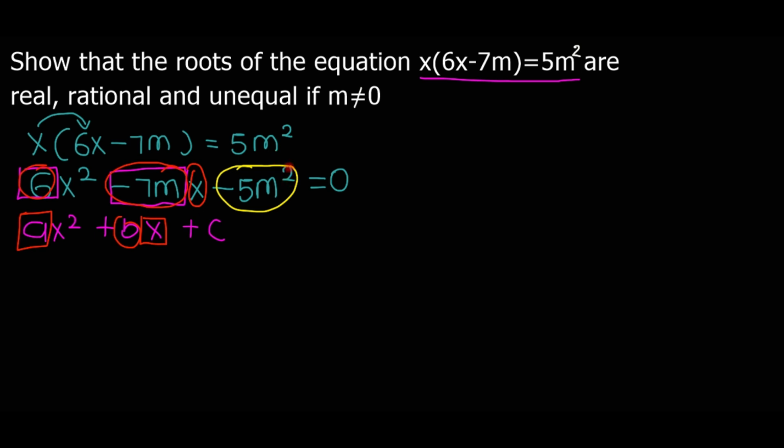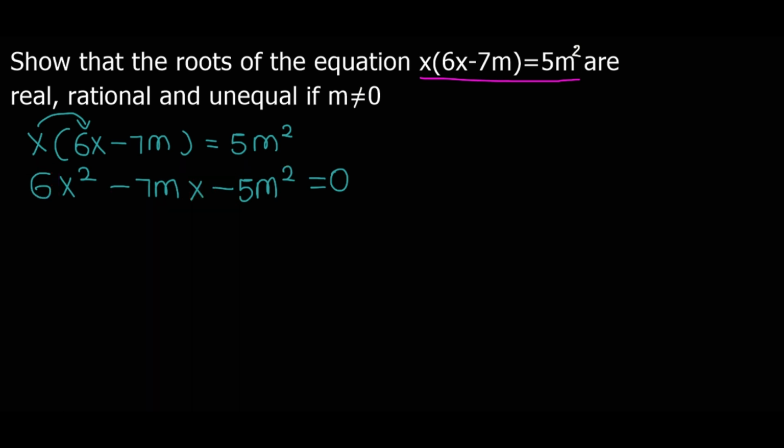And we know that c does not have x, so you can see this is just c without x. So we can say a is 6, b is minus 7m, and c is minus 5m squared.